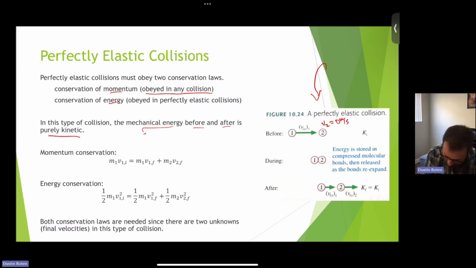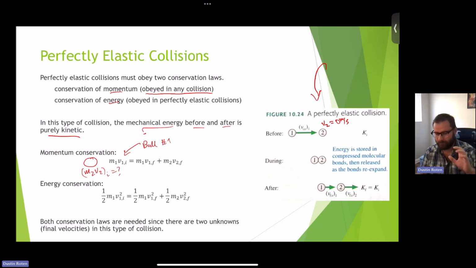And you'll notice here, there's no term for m2 v2 initial, but that's because it's zero. All of the initial momentum is actually just coming from the first ball. So that's zero. We have our initial momentum here from ball 1.